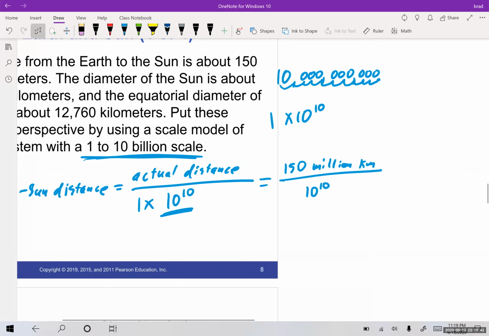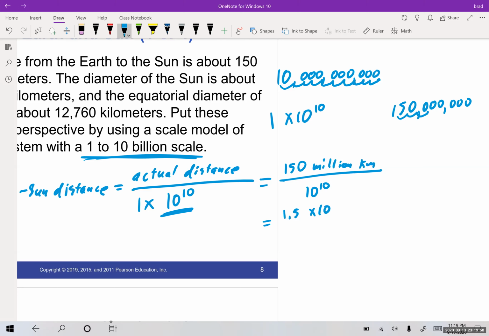So what I need to do is I need to convert this 150 million kilometers into something easier to work with. So I'm going to write 1.5 times 10. So 150 million. So that means I need to go 1, 2, 3, 4, 5, 6, 7, 8. So this would be 1.5 times 10 to the 8th divided by 1 times 10 to the 10th.